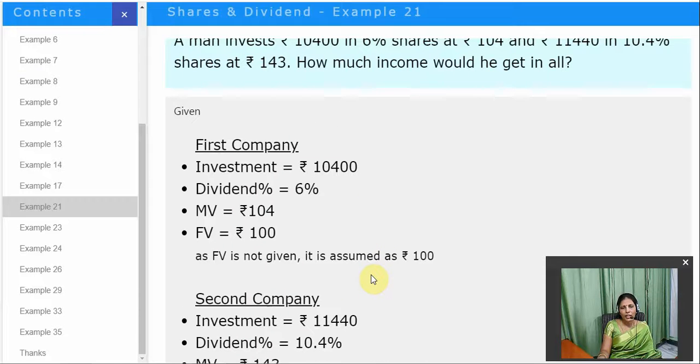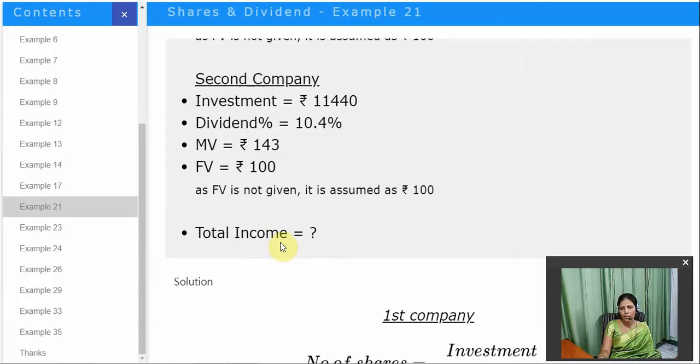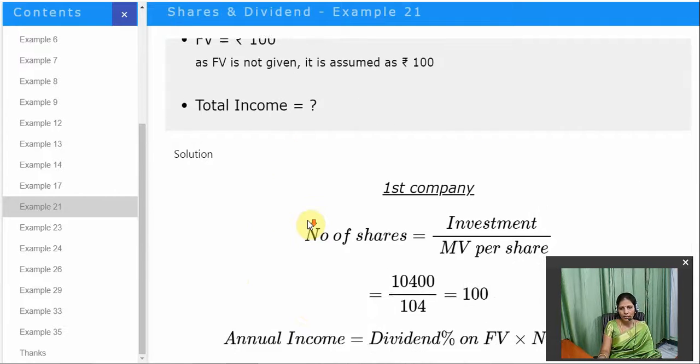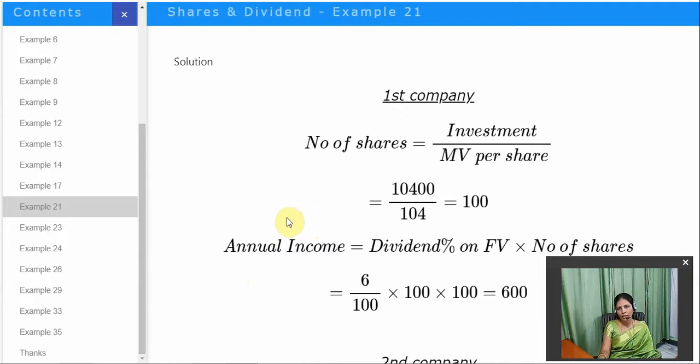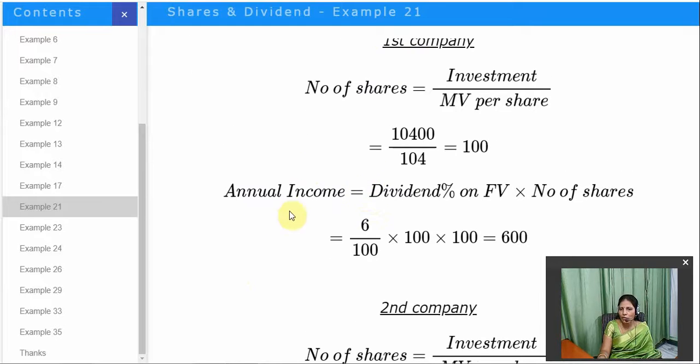Now we need to find his annual dividend from the first company. Then again you need to find the annual income from the second company, then the total income. Right? Now we will come to the solution part. Here the first company, as I told you, we need to find the annual income.